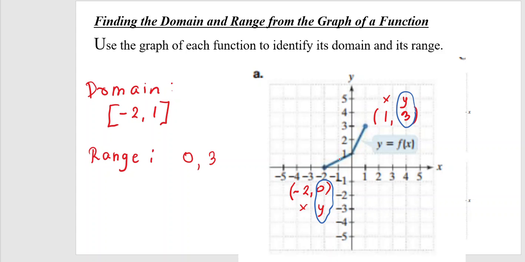And because both of them are included, like the exact point negative 2, 0 is included, we'll use this bracket, and here we're also going to use the bracket. So the domain is from negative 2 to 1, and the range is from 0 to 3. We'll have more examples in the next video.